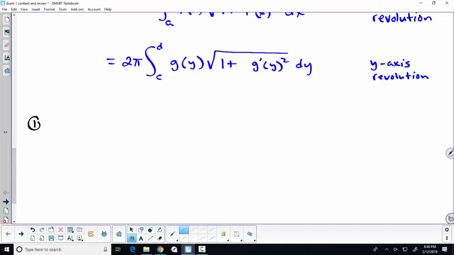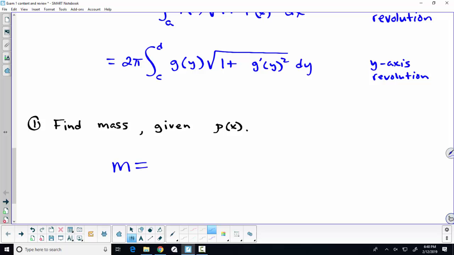One question where you'll find the mass given a density function. The formula for mass with respect to density was what?